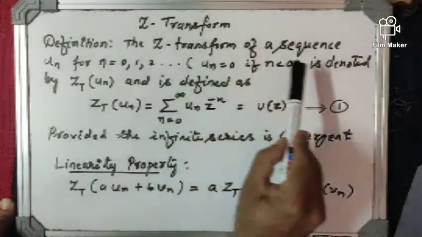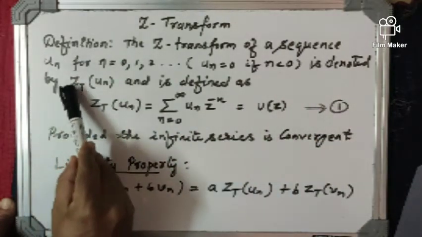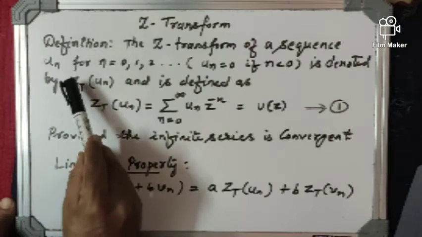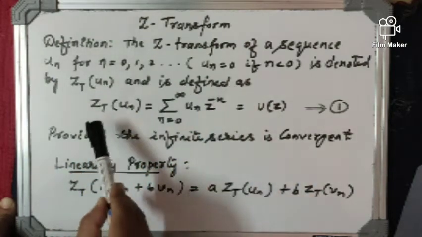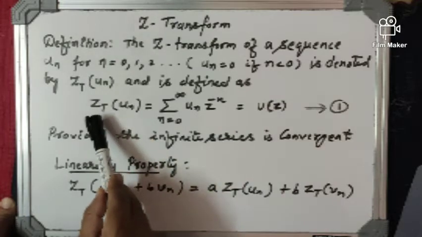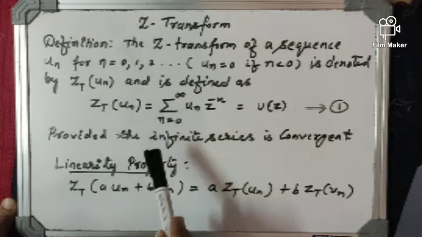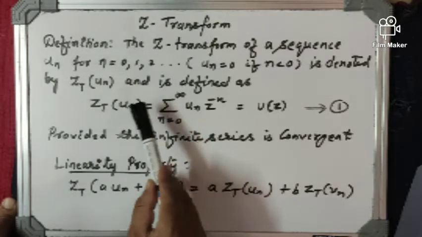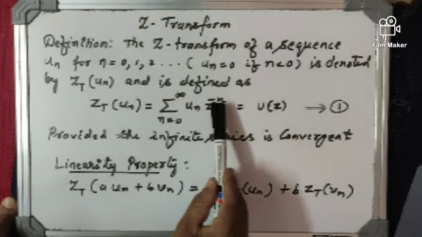And this Z transform of un is denoted by Z suffix t of un, or simply you can write it as Z of un, and is defined as the summation from n equal to 0 to infinity of un along with z power minus n.